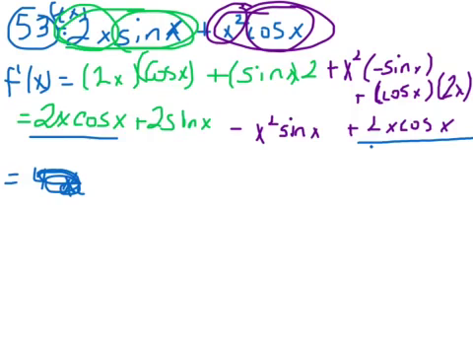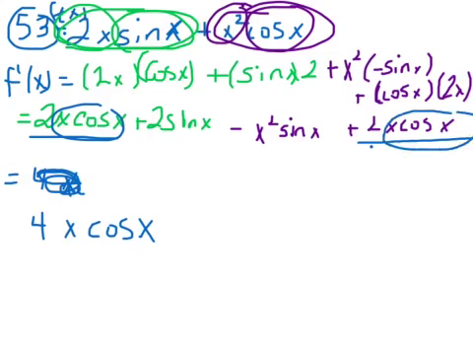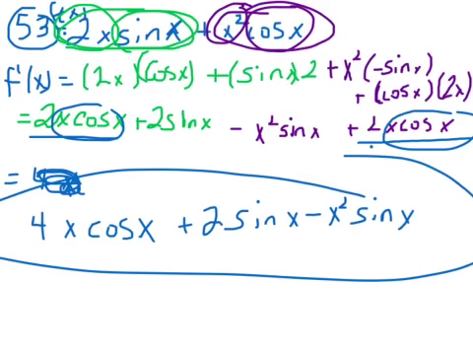Let me write that where you can read it. 4x cosine x's. I'm looking at the like term as the x cosine x's, and I'm saying I've got 2 of them, and 2 more of them make 4 of them, if you're confused at all. And then I've got plus 2 sine x, minus x squared sine x, and if the terms are listed out of order with the key, it really doesn't matter, okay? But there's our answer for 53.